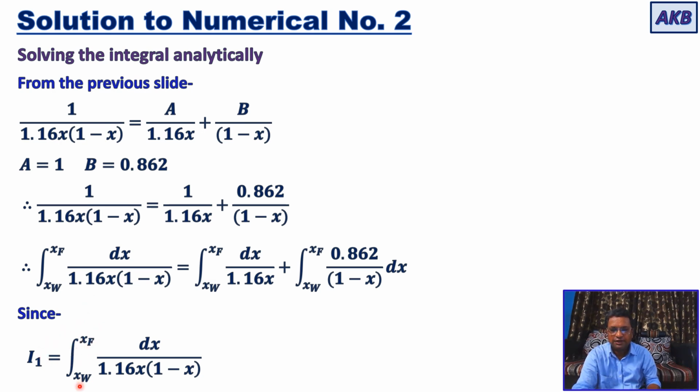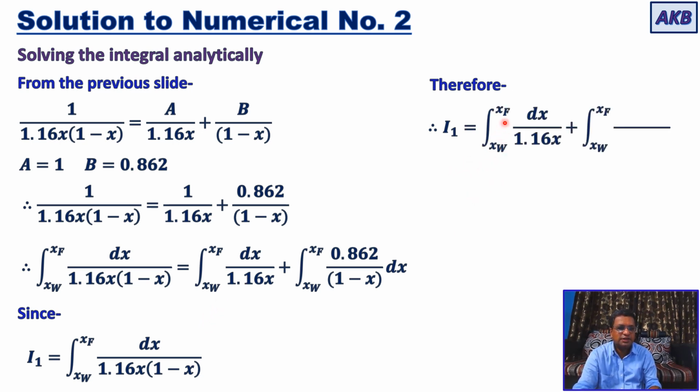I1 is integration from xw to xf dx upon 1.16x into 1 minus x. So therefore I1 will be equal to the result that we have got. I1 will be equal to integration from xw to xf dx upon 1.16x plus integration from xw to xf 0.862 divided by 1 minus x into dx.